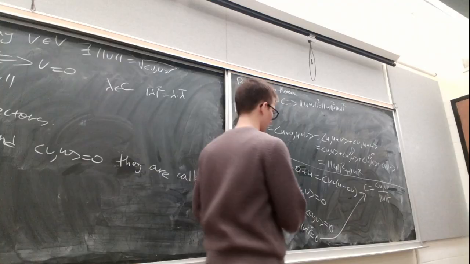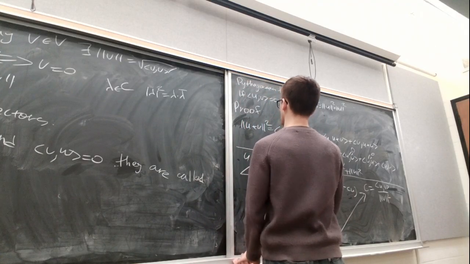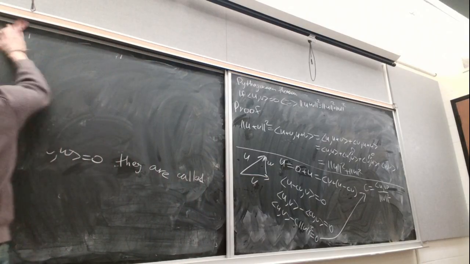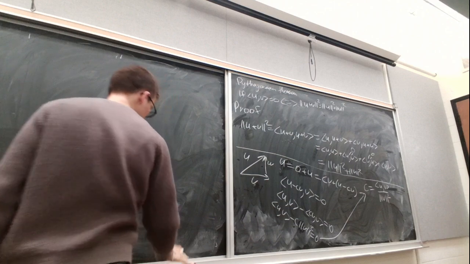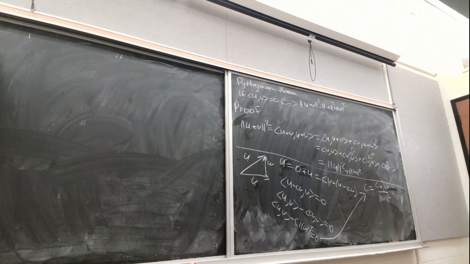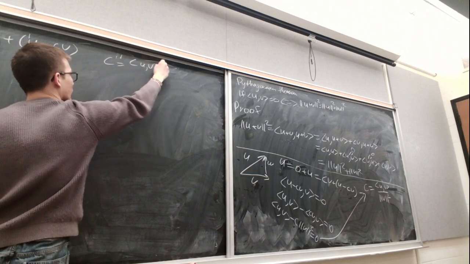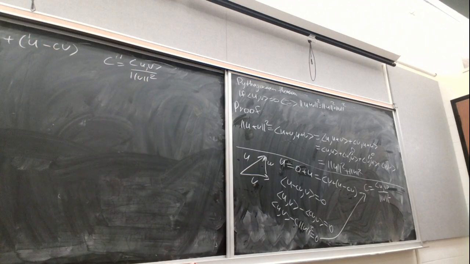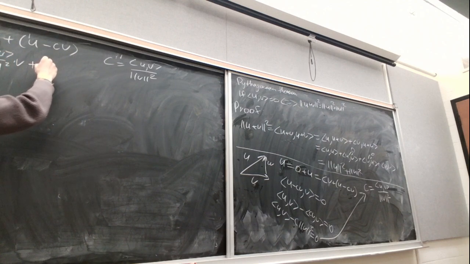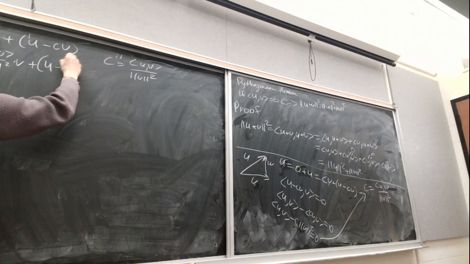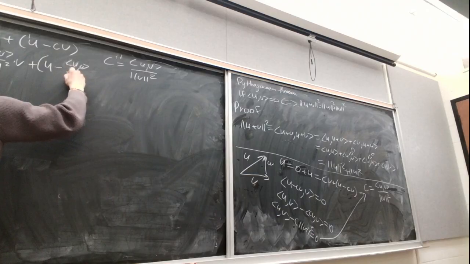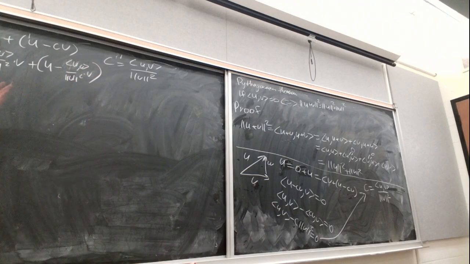In this case, w would be just this vector. And you can see that.